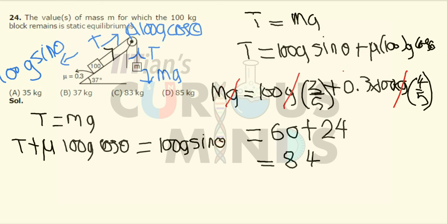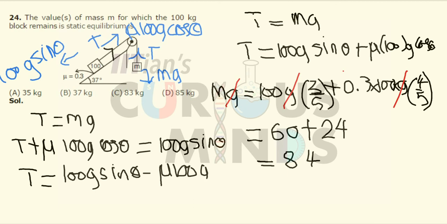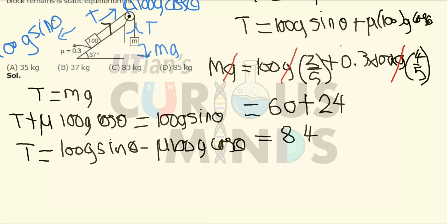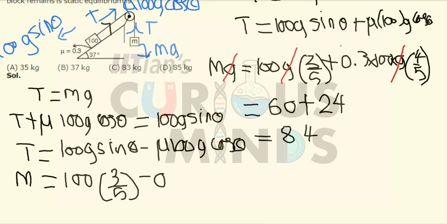So T will be equal to 100 g sin theta minus mu 100 g cos theta. Now I will substitute the values and equate both of them. The g will get cancelled out. 100 into sin 37 is 3 by 5, minus mu times 100 times cos theta, where mu is equal to 0.3 and cos theta is equal to 4 by 5.